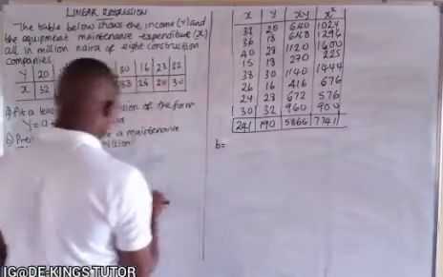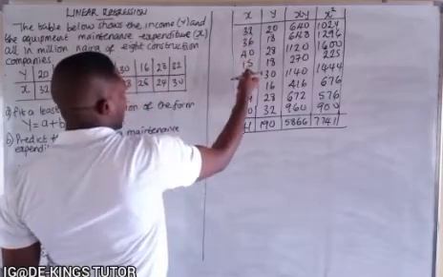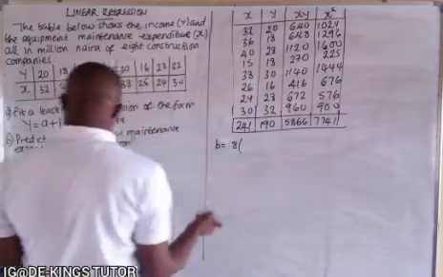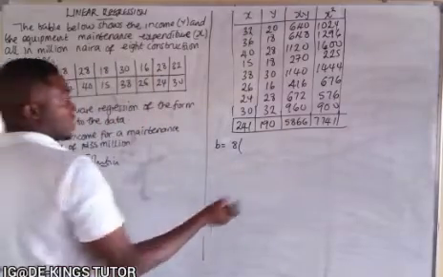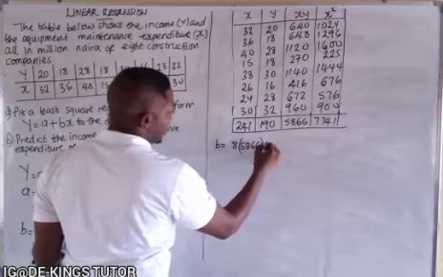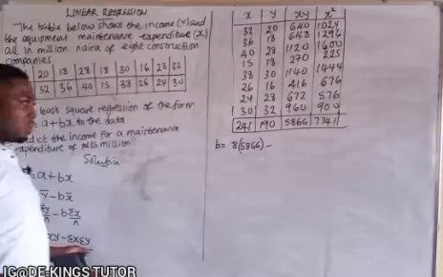Okay, so if we bring this formula now, our b is equal to n, where n is the number of terms. That is 1, 2, 3, 4, 5, 6, 7, 8, so that is 8. This is summation of xy, that is 5866, minus summation of x times summation of y.